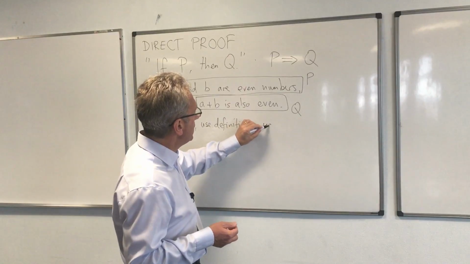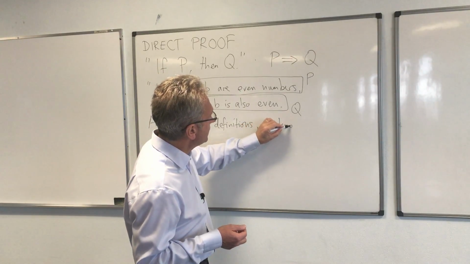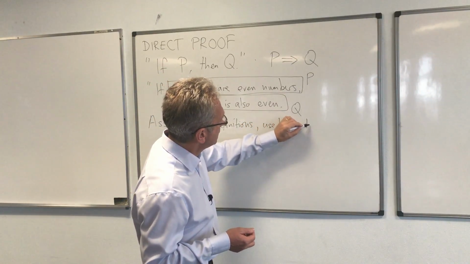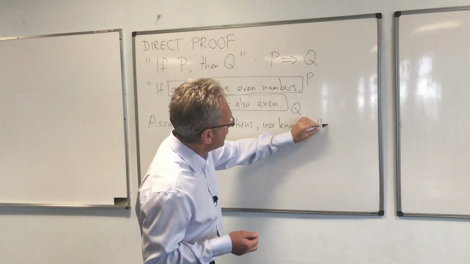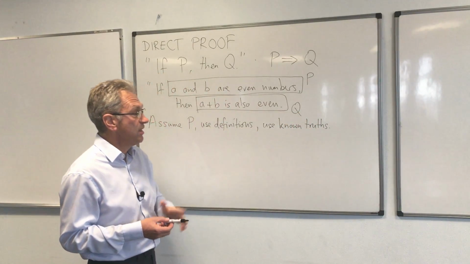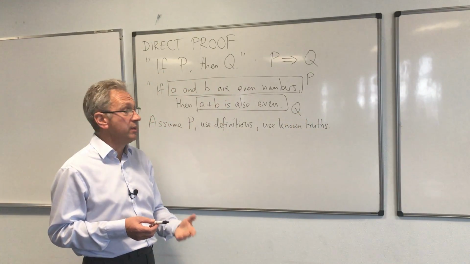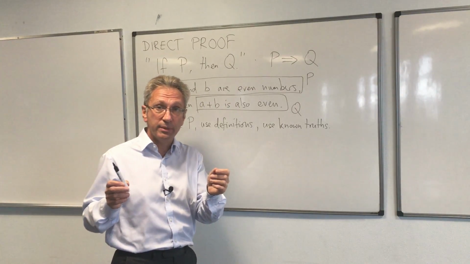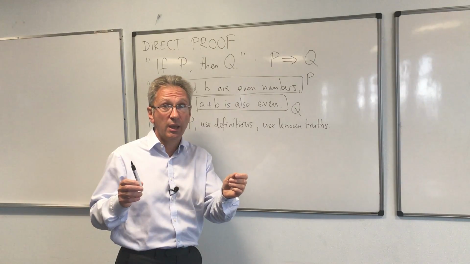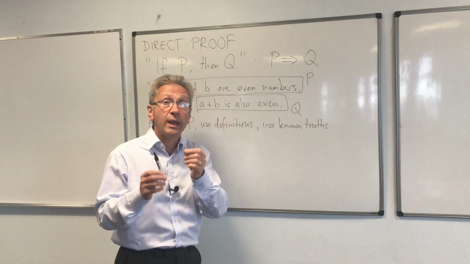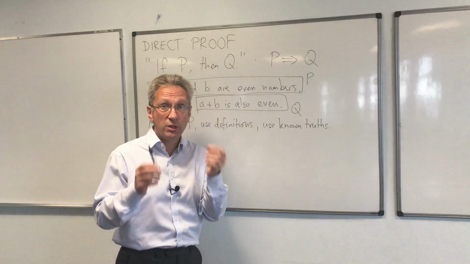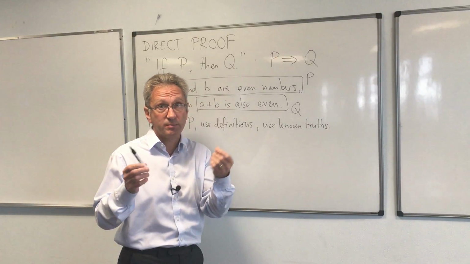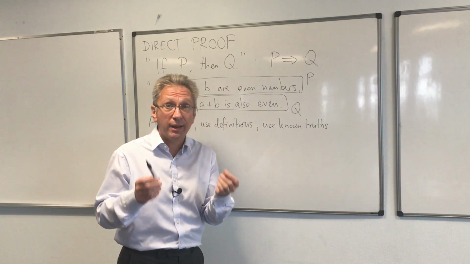And we can also use known truths. What are they? Well, they're things from mathematics that we already know the truth of. So for example, we're going to use the fact that if you take two whole numbers, two integers, and you add them together, you get another integer. We're going to assume that that's the case, and indeed it is. It's been proven by other people, so we're allowed to use it.